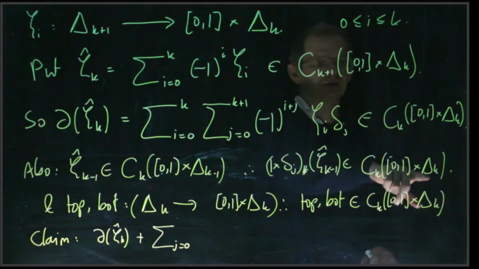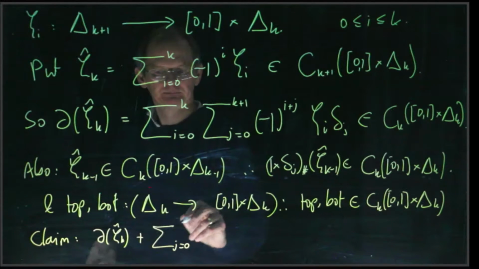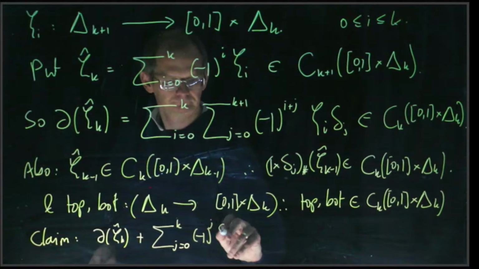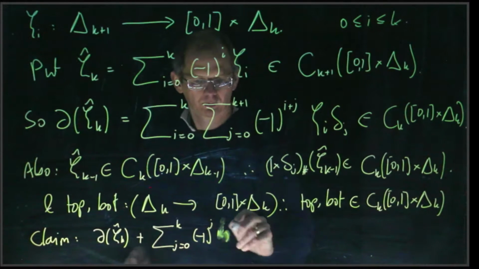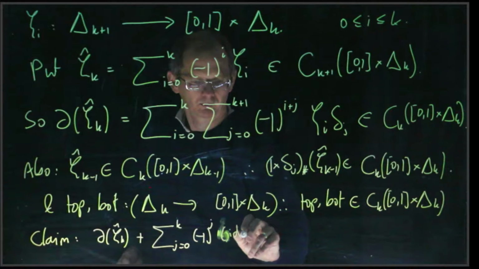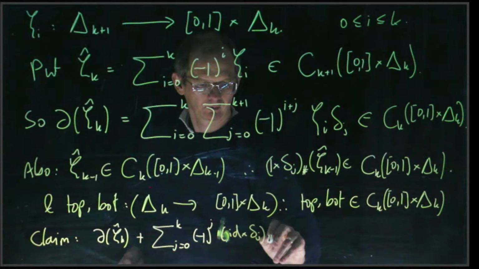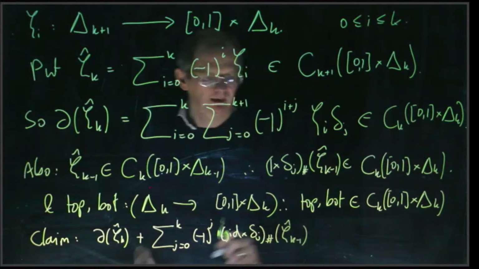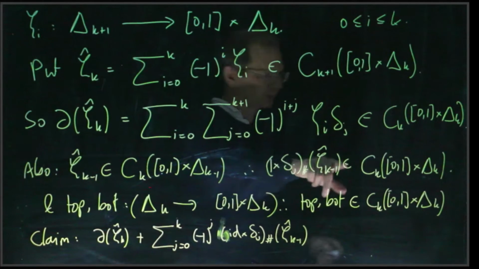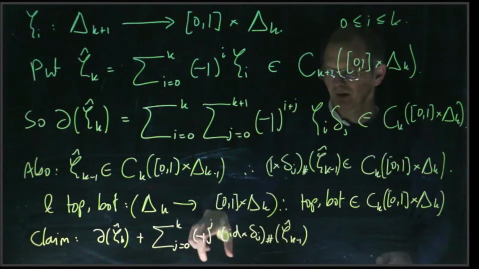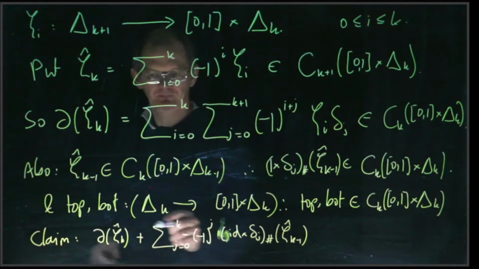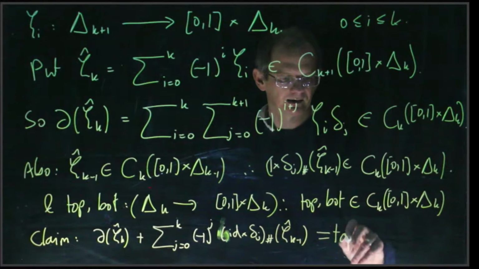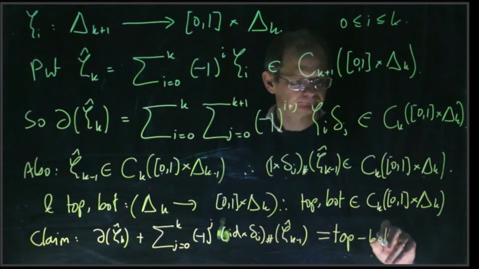That's valid for j is 0 all the way up to k. So we take all possible terms of this type here and multiply them by appropriate signs and add them up. I'm going to add that onto there, and then I want to claim that this is equal to the top minus the bottom.